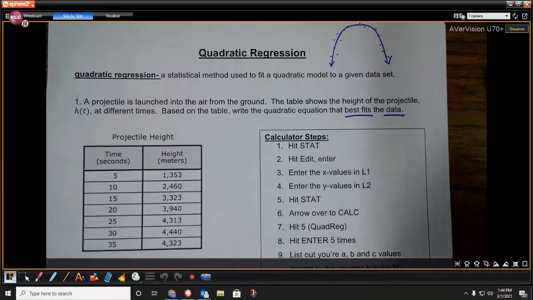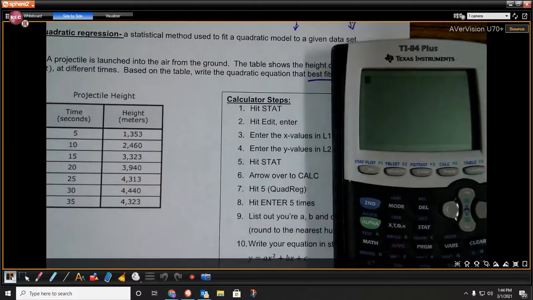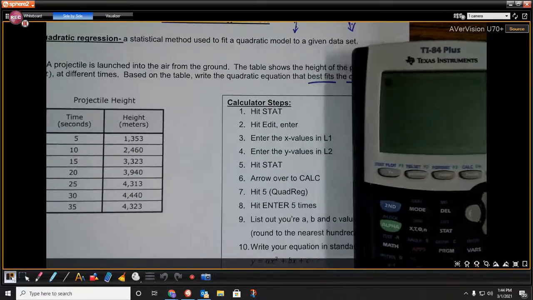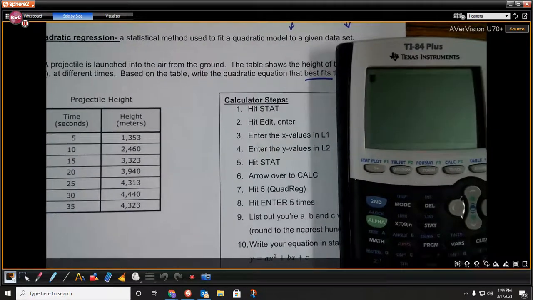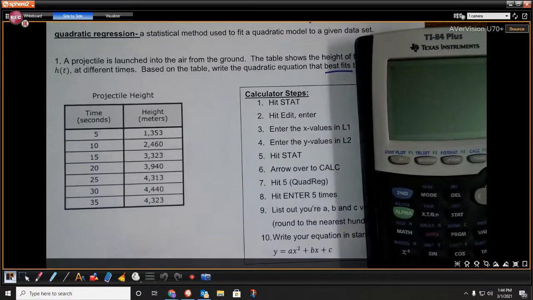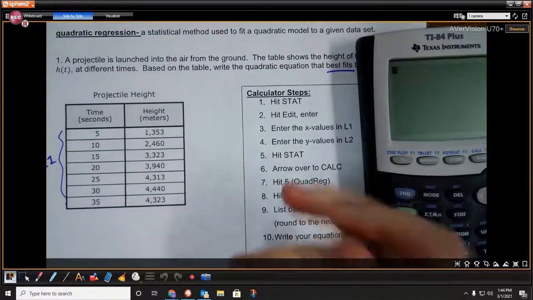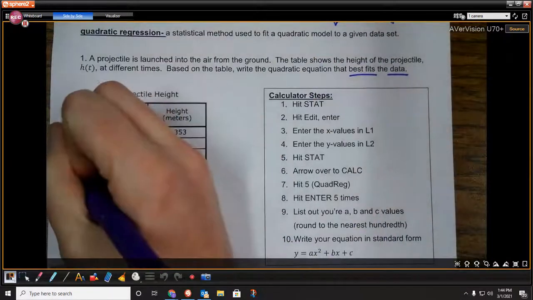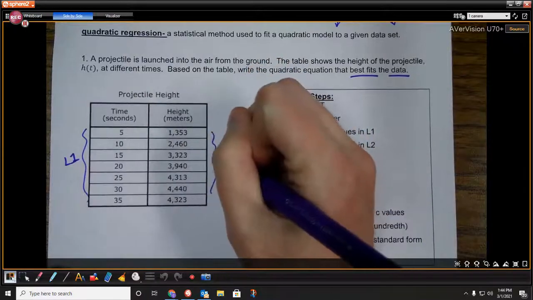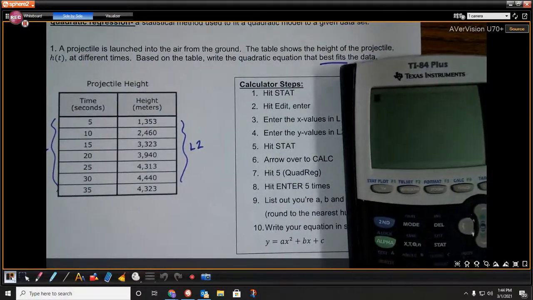We are going to input our data into a calculator. You are going to want either a TI-84 Plus, or you can follow some steps from question number 2 for how to use it with Desmos.com. But basically, we're going to put all of our x values into list 1, and then all of our y values into list 2. So I'm going to go ahead and show you how to do that.